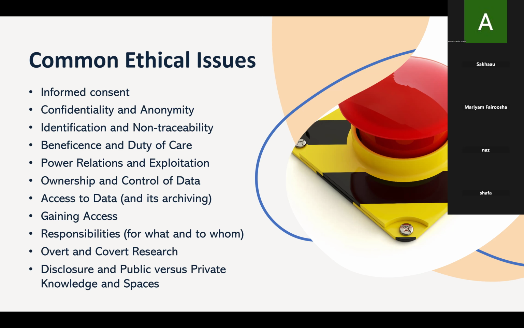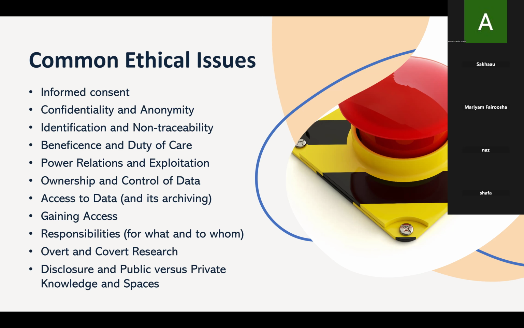And then disclosure. So to whom are you going to disclose this data or your report? Is it going to be public or private? Are you going to put it on open access so that everyone sees it, or is it going to be for a private group?